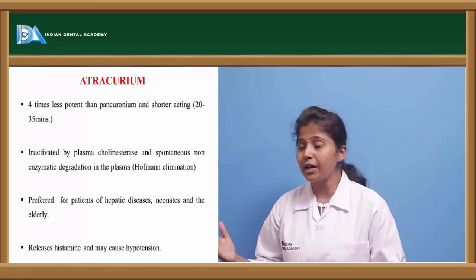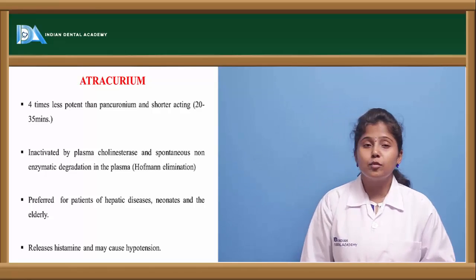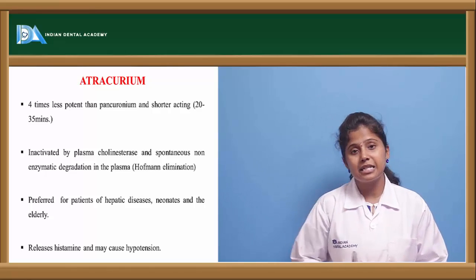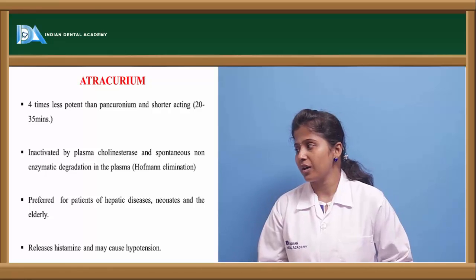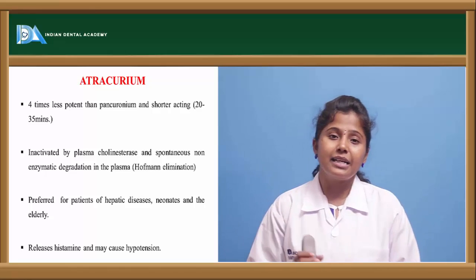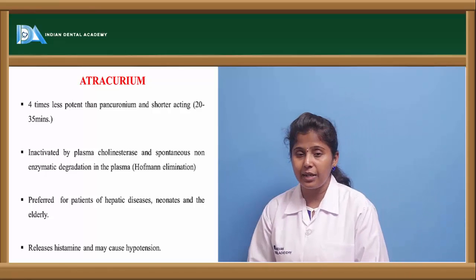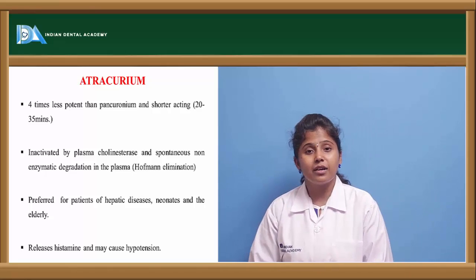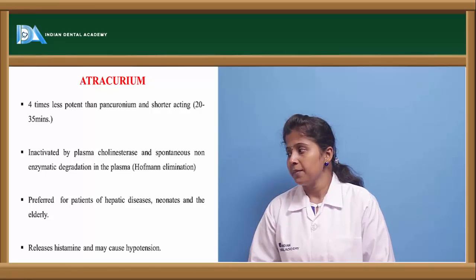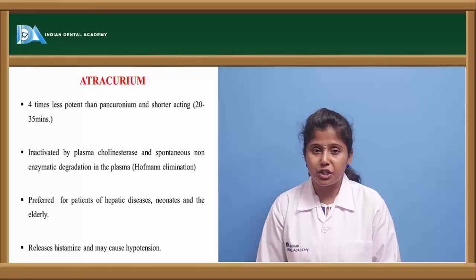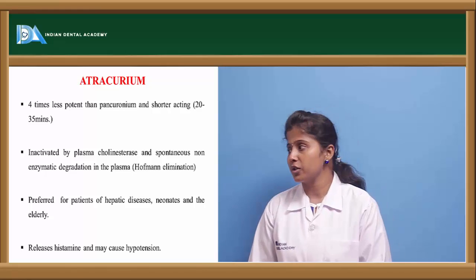It is a process of chemical reaction, and it is mostly preferred in patients with hepatic diseases. It's safer to give to patients with hepatic diseases, and even to neonates, newborn babies, and elderly patients. So it is safer in all categories of people, but it releases histamine, and thereby it leads to hypotension, that is a fall in the blood pressure.